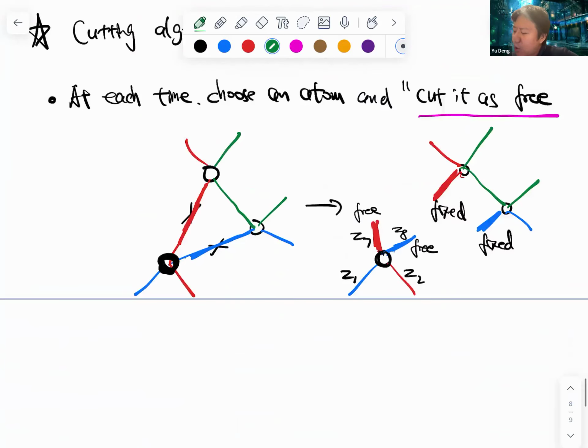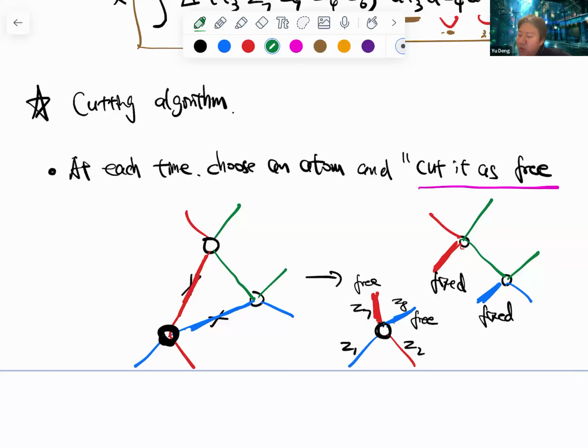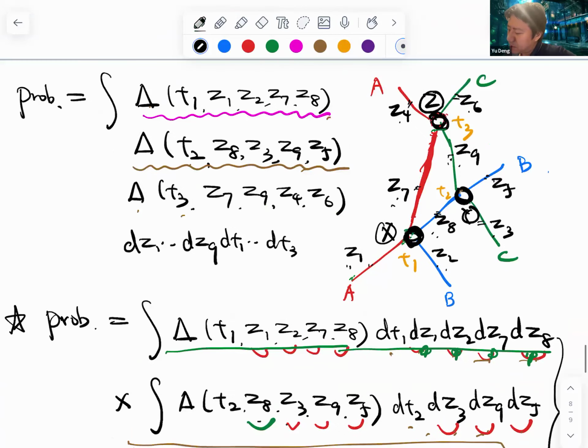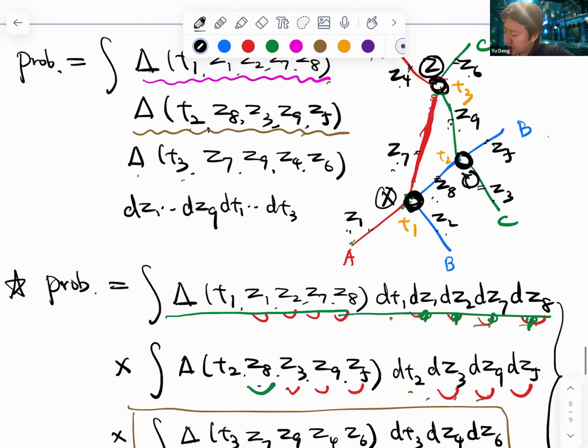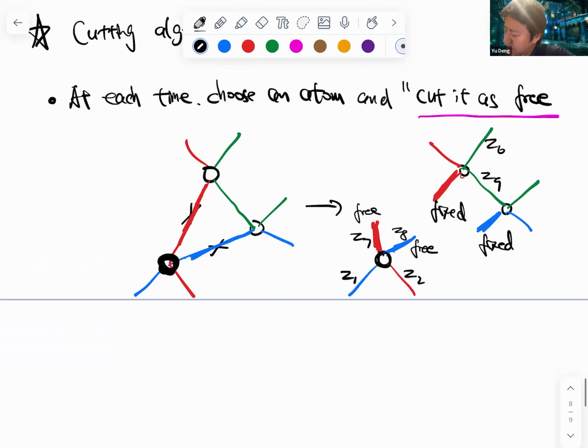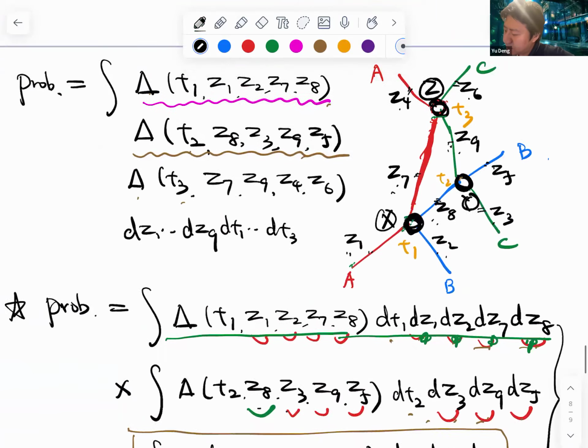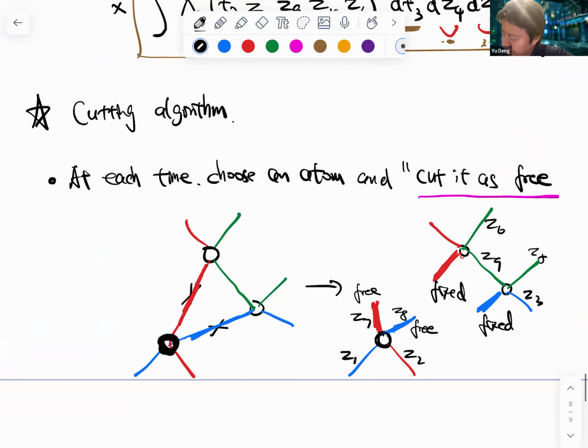Now for the rest of the molecule, you have these other variables. For example, this will be z6, z9, and then you will have z3, z5, and then you have this guy z4.